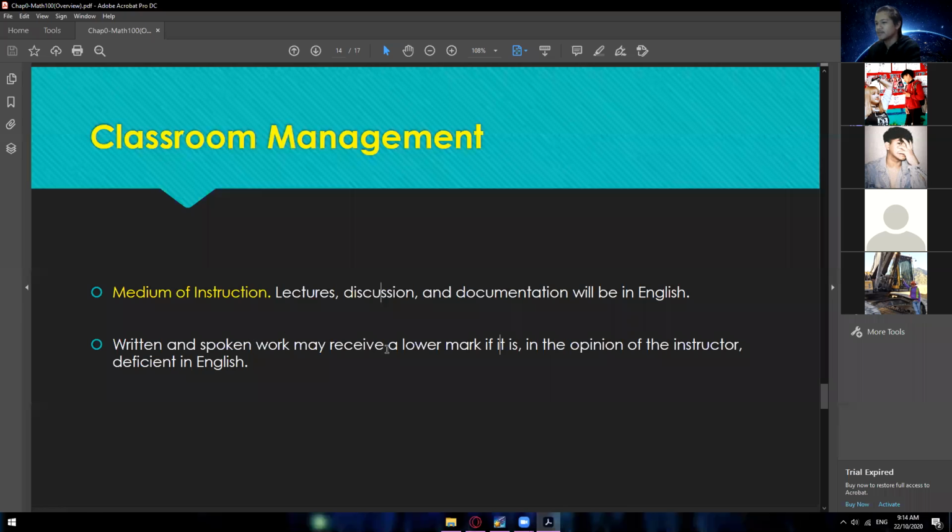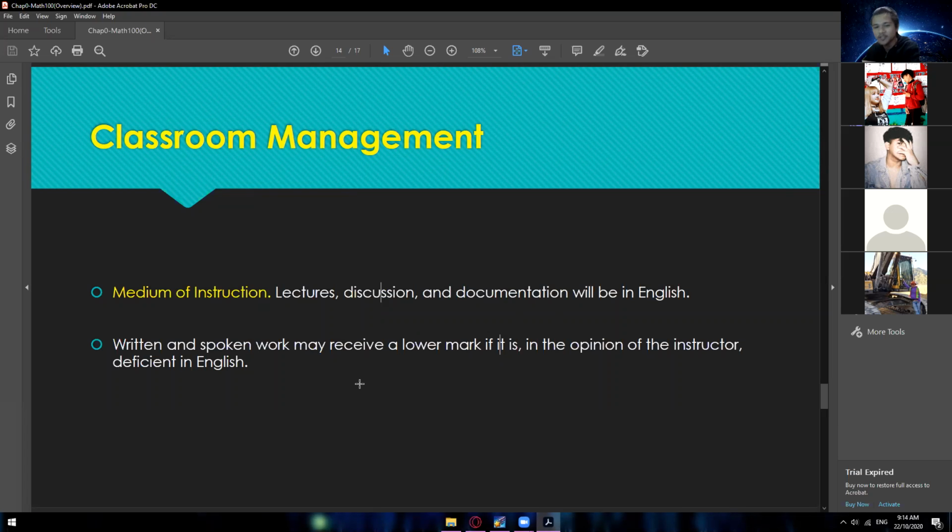So, written and spoken work may receive a lower mark if it's, in the opinion of the instructor, deficient in English. So, wala naman yata binigay last time. So, if ever, magbibigay ako ng essay ngayon wherein kailangan nyo talagang ipaliwanag using written essay na dapat English. Okay? Hindi pwedeng Tagalog, zero na kagad yun.